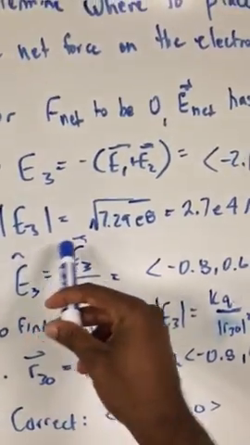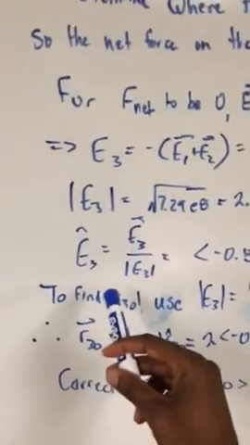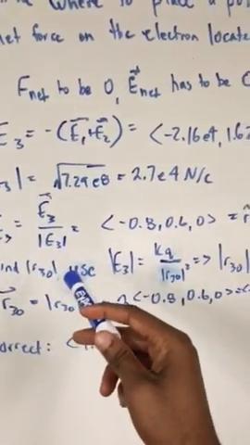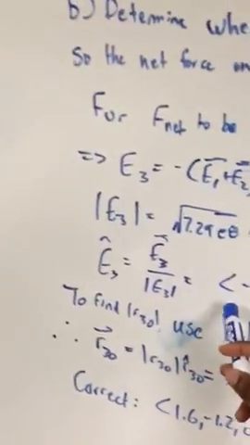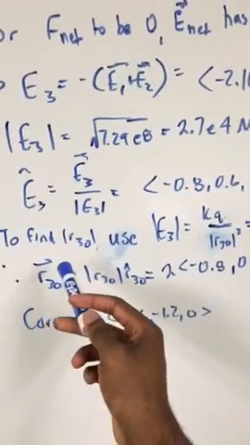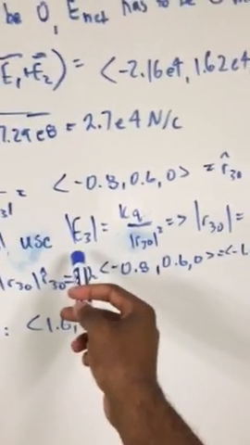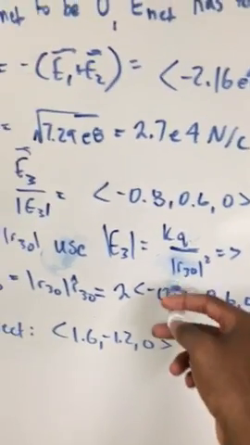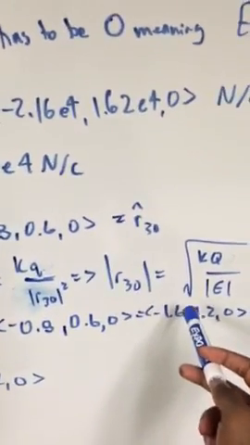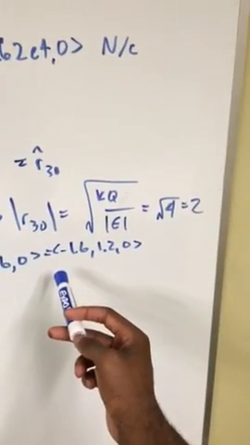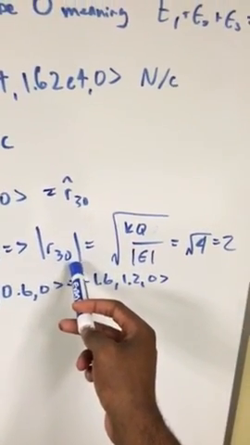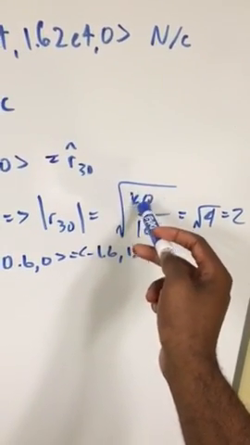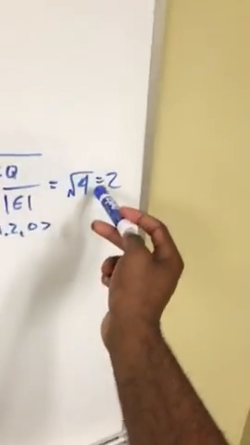So we find the magnitude, and then we also find the electric field divided by the magnitude, to give us this. And then we essentially rearrange this equation. As you can see here, E3 equals KQ over R magnitude, to find the magnitude of R, which if you plug in all the variables that we had previously, will give us 2.